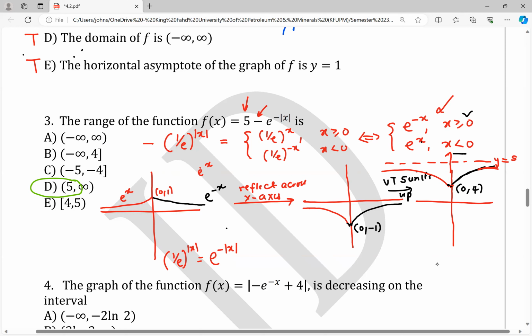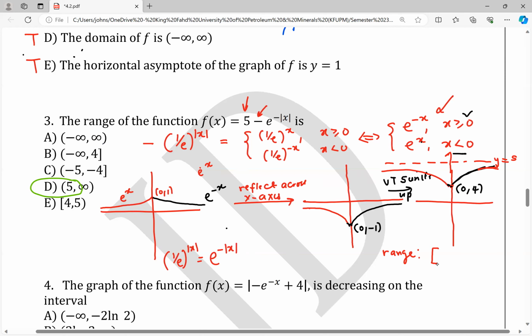And you can see now we can find the range. The range is nothing but what? The range is from where to where? It's simply from 4, because we're here, right?